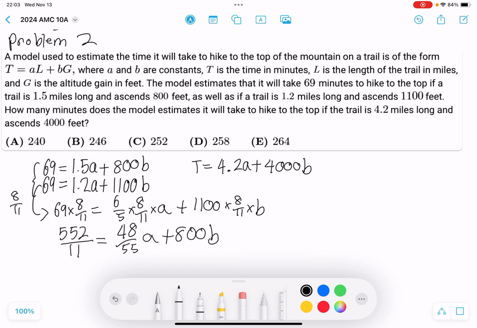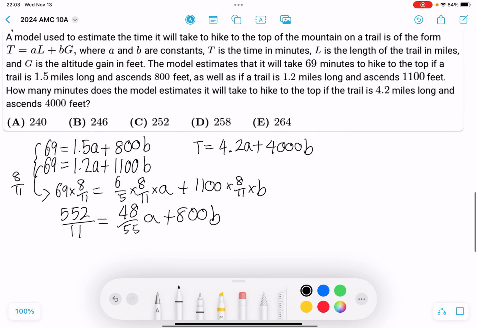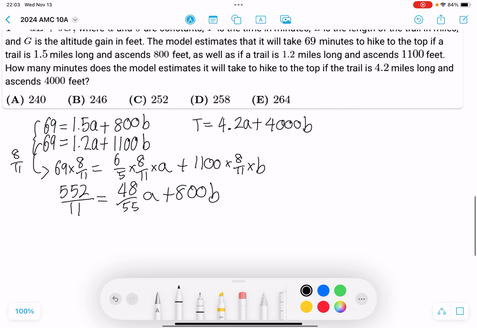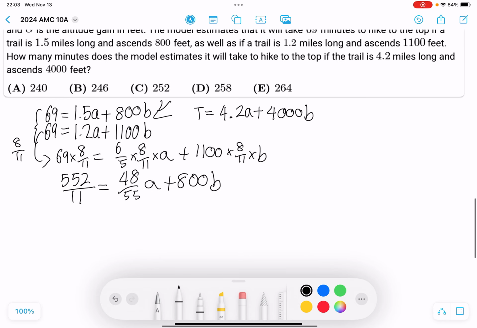That was the point of multiplying this equation by 8 over 11. So now we have a second equation, and we can subtract one from the other. Let's subtract this equation from the first equation. So 69 minus 552 over 11.